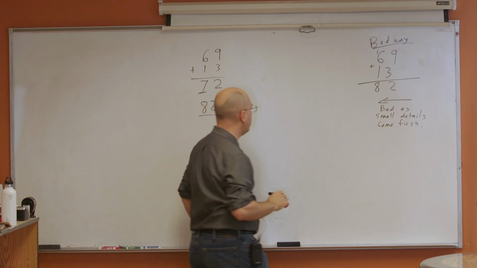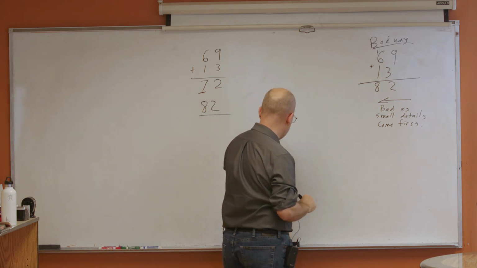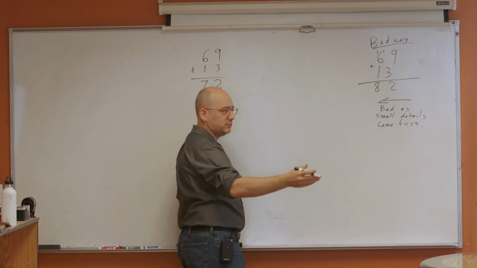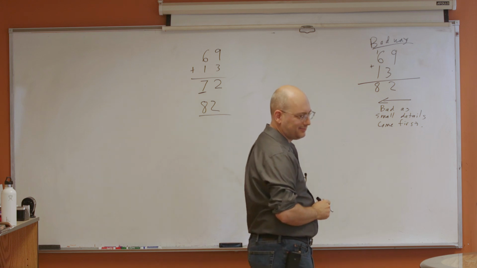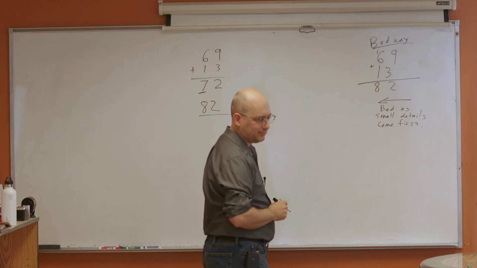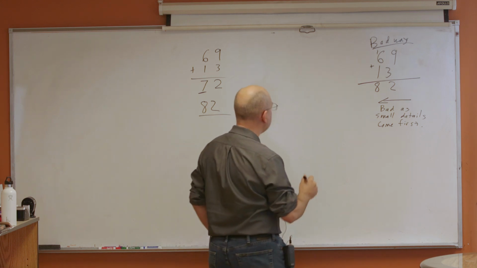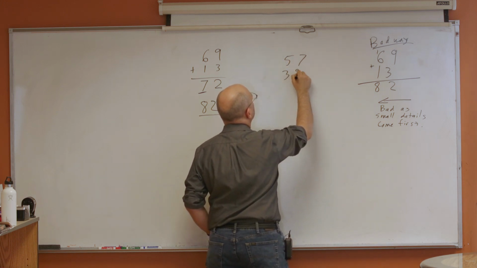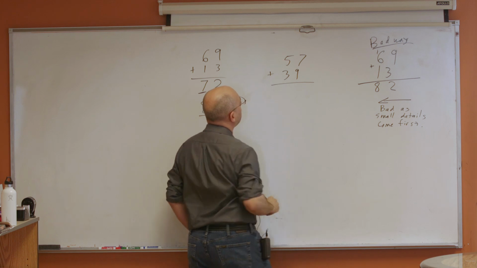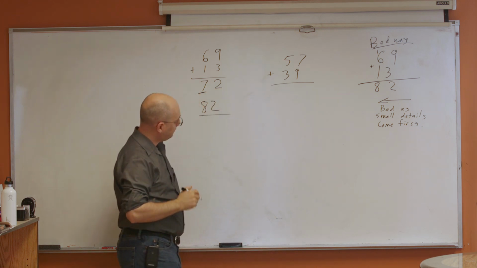All right. Let's try another one like this. Can you roll? Oh, yeah. A 9, 7, looks like 3, and a 5. All right, 57 and 39.